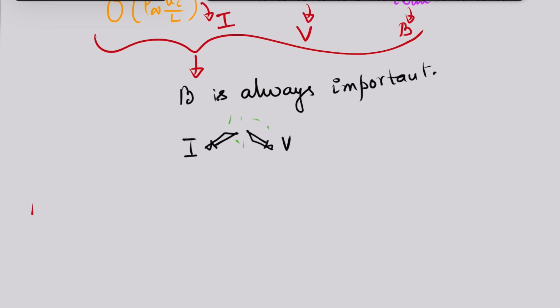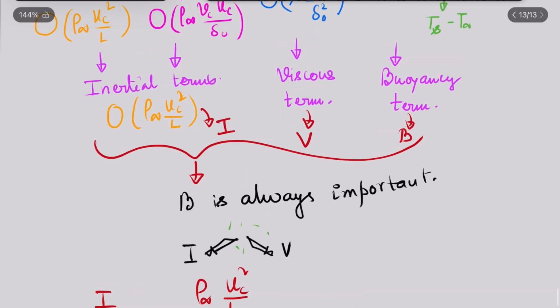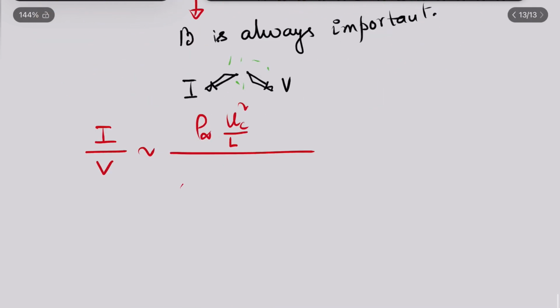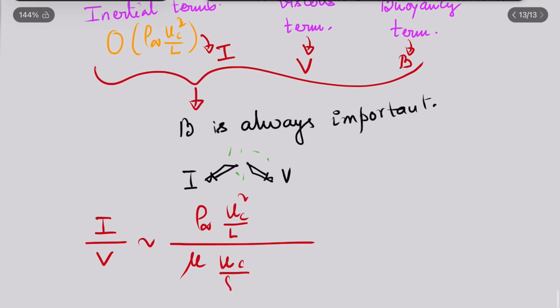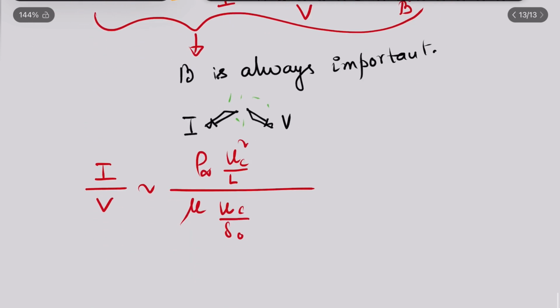So option 1. Firstly let me derive the condition. Let us see what is I by V. So I is of the order of this thing and V is of the order of this thing, UC by delta naught square, but UC is something that we don't know.